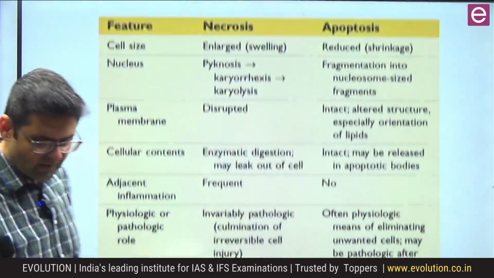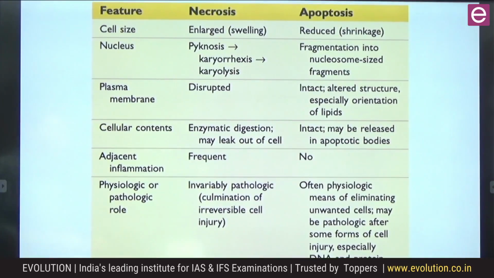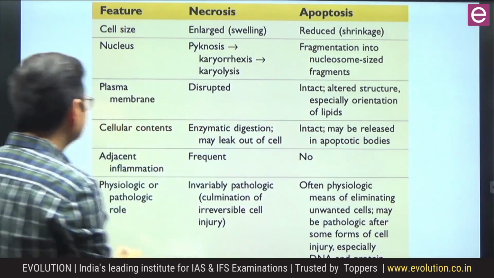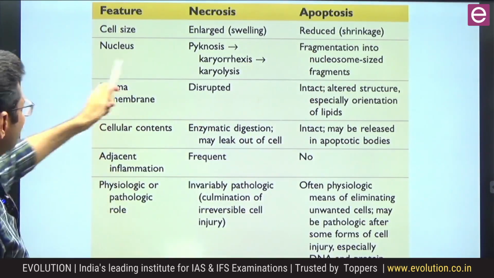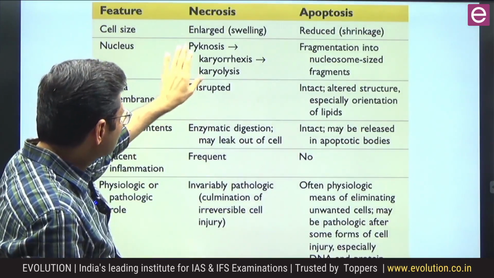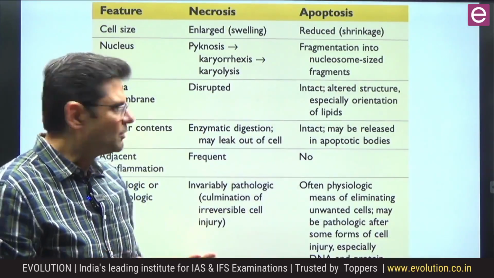This is the table of differences between necrosis and apoptosis. In necrosis, cell size will enlarge. In apoptosis, cell size will reduce. In necrosis, the nucleus will go through darkening, or it can simply get fragmented and broken into small pieces.